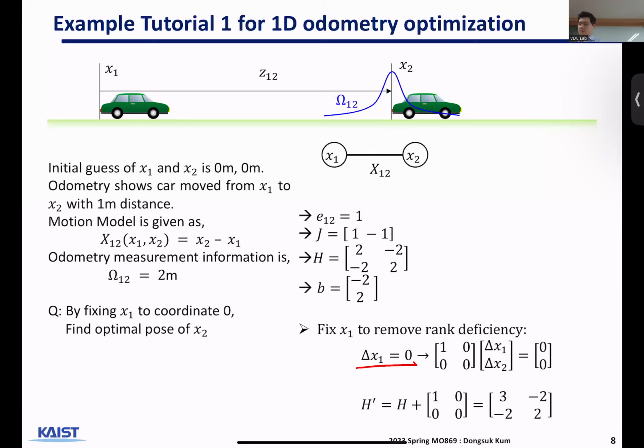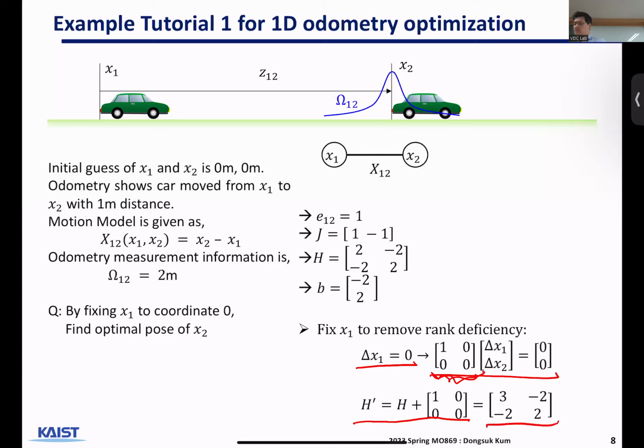And if we express that in matrix form, that's going to be this equation. And what we are interested in here is this matrix. And we need to compute the new H, sort of the augmented Hessian, which is the original H plus this, to make this solvable, okay?